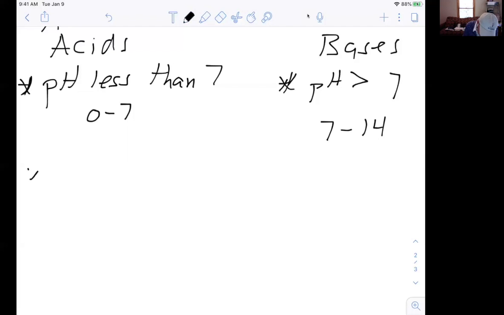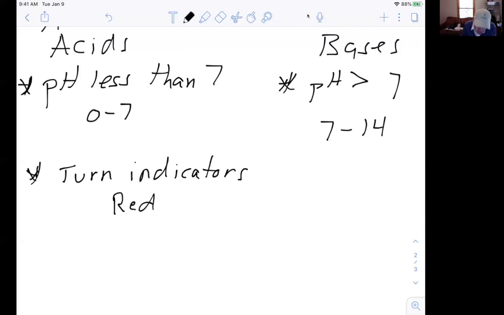And the next general property would be that acids turn indicators red. And what indicators are, these are substances or paper that simply test acid or base.